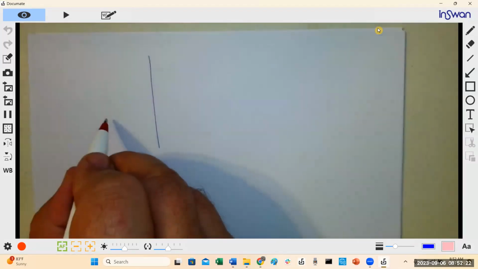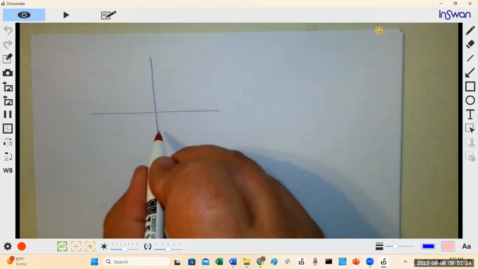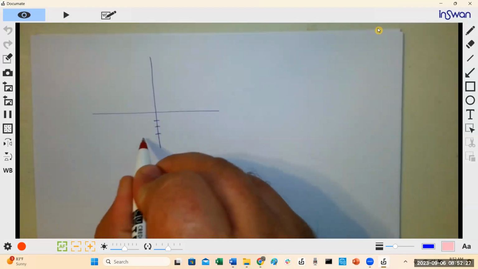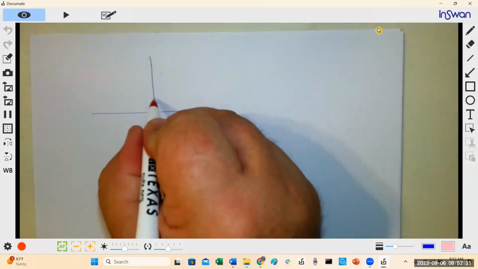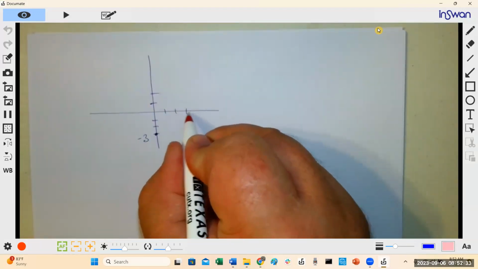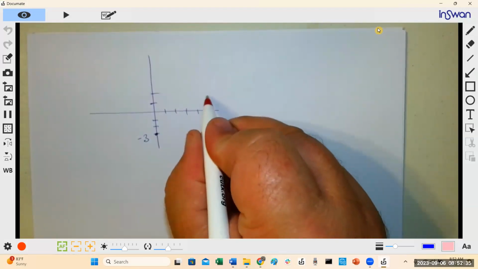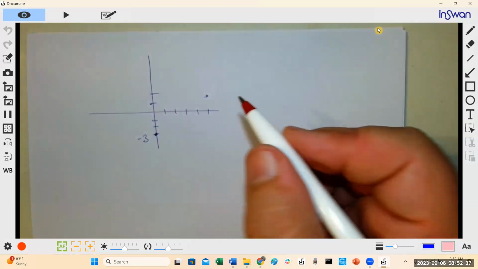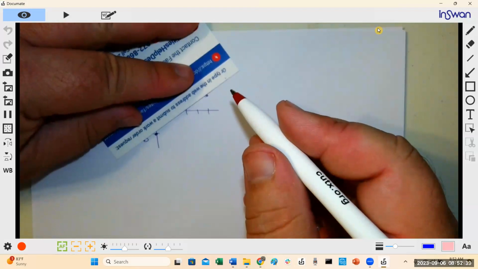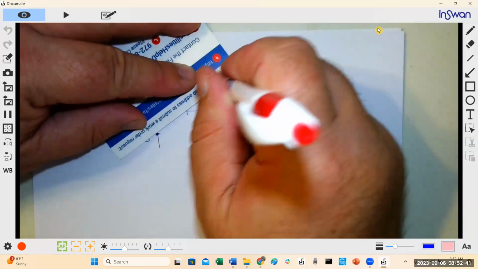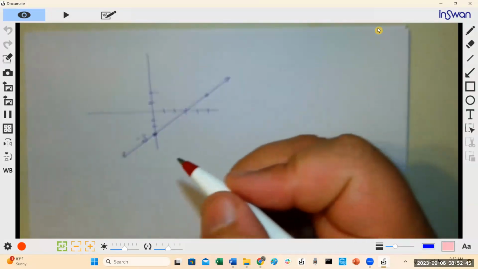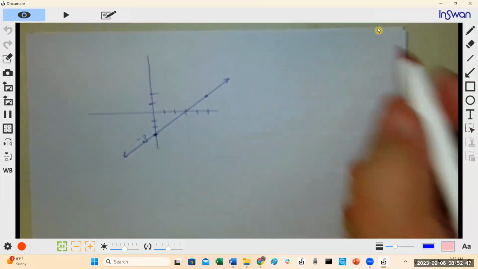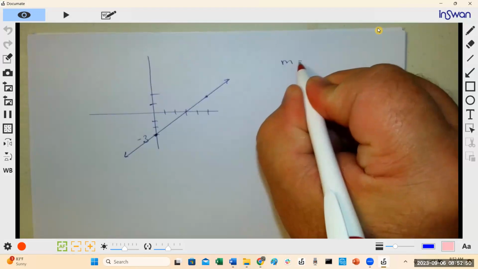If I give you a graph, you can tell me the slope.